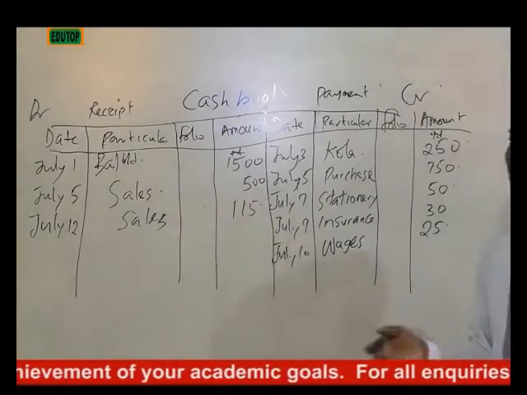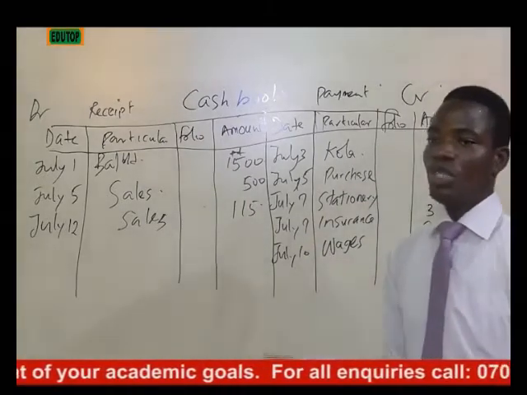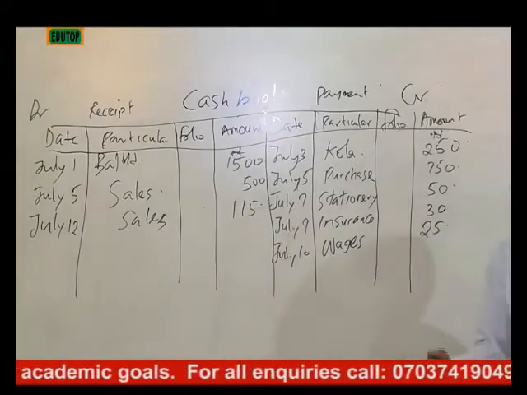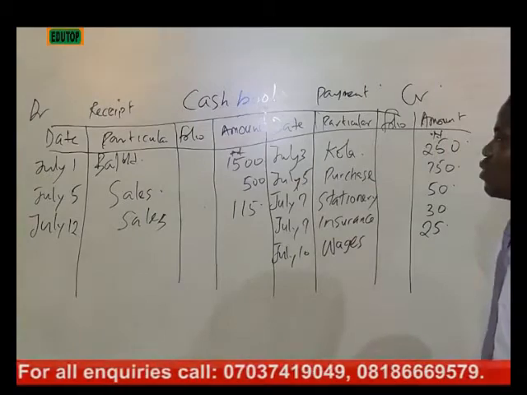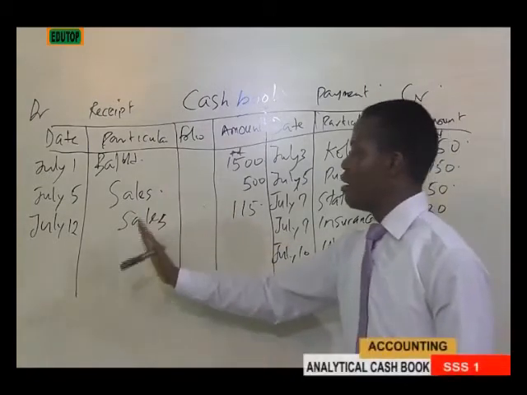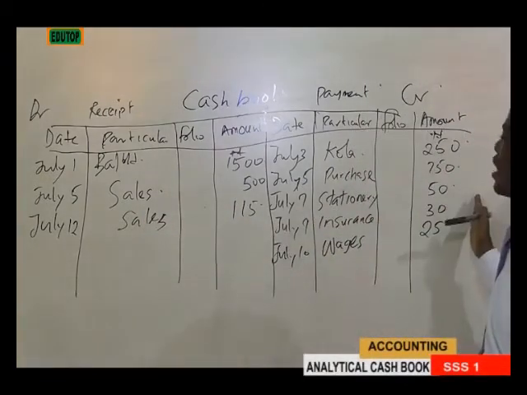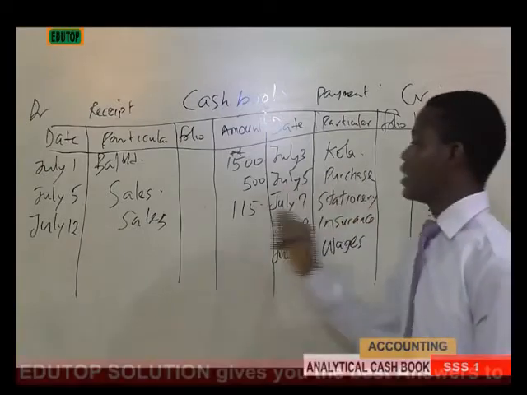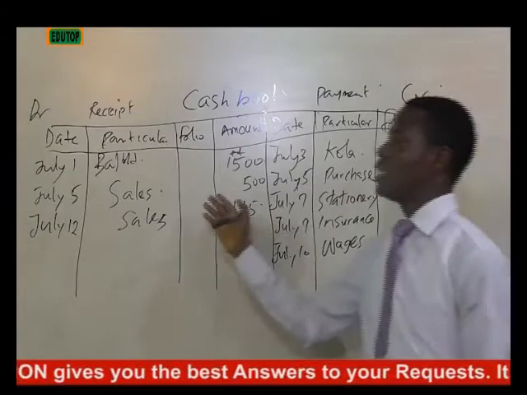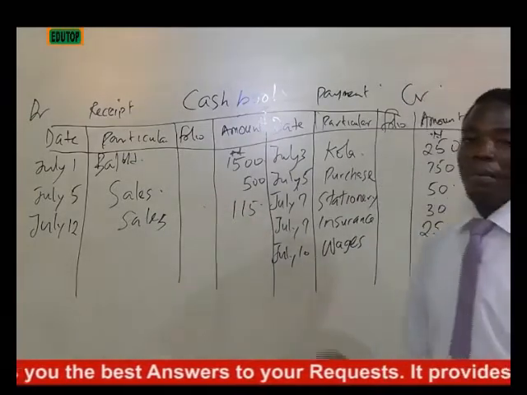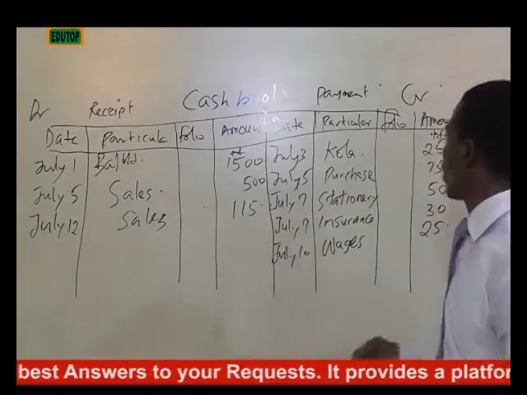Then you take the balance, the remaining cash in your hand, to know the balance. So we will total the first side and the second side. Which one is highest or lowest? Then you deduct the lowest from the highest to know the balance of your cash.